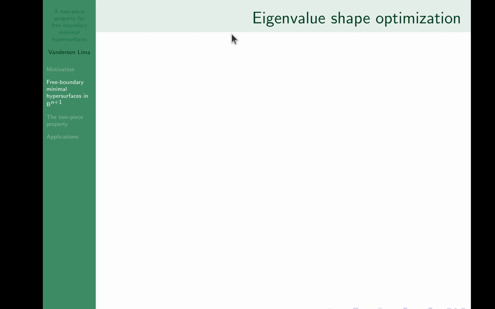So our first class of examples is obtained by the so-called eigenvalue shape optimization problem. So here we restrict to the case n equals 2, so the ball has dimension 3. So the idea is: fix a compact surface, and I can consider all the Riemannian metrics on this surface.